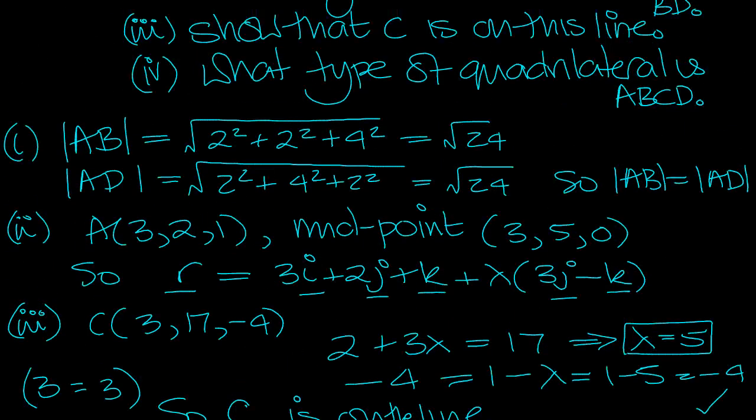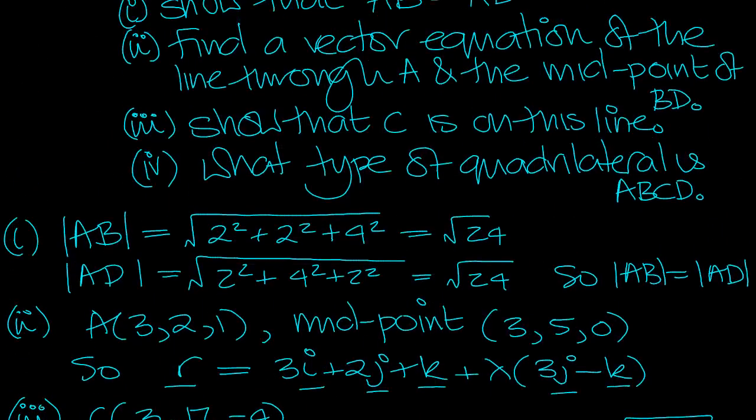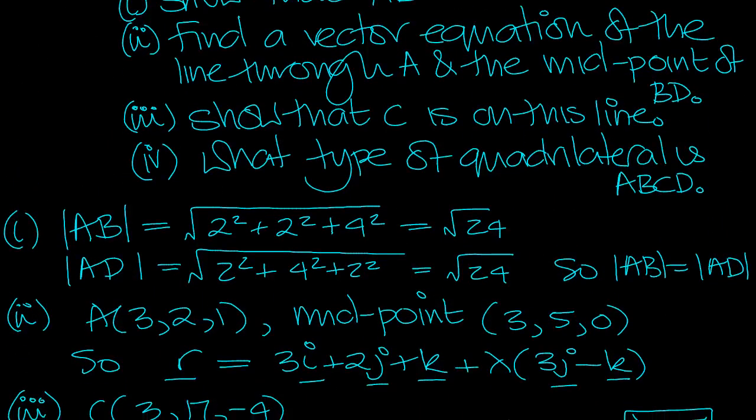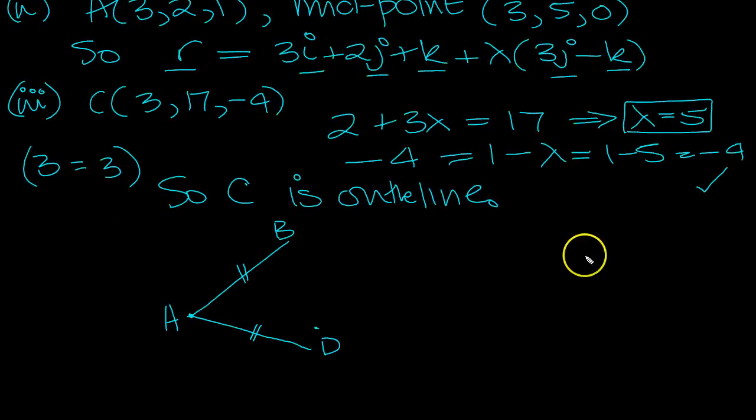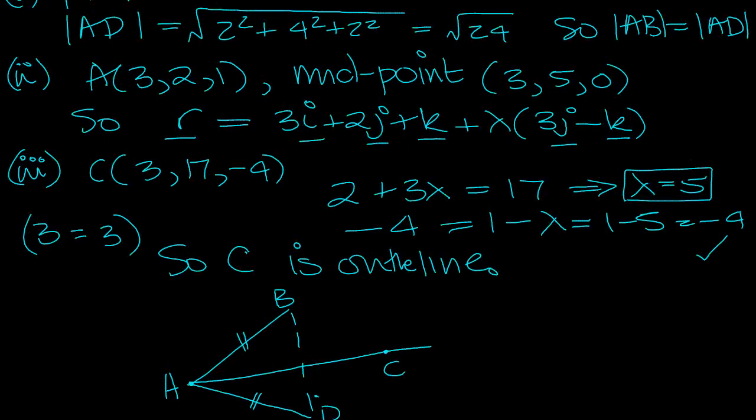Okay, and then what else did we get? Show that C is on this line, midpoint of BD. Find the vector equation of the line through A and the midpoint of BD. So the midpoint of BD is here, and we have a line here. And show that C is on this line, which we did.